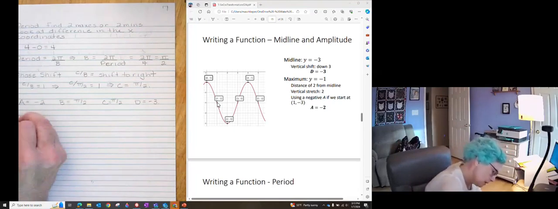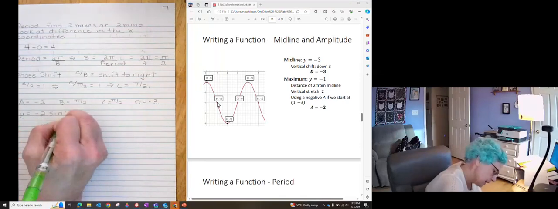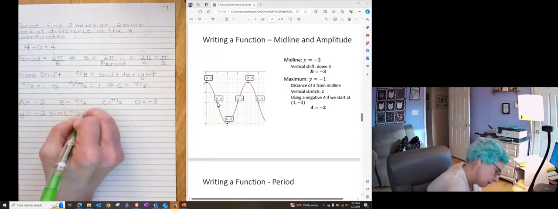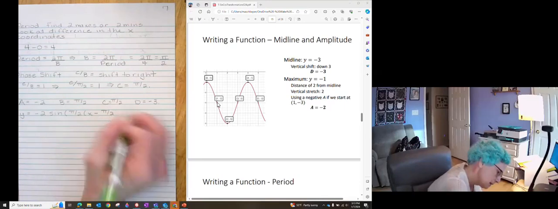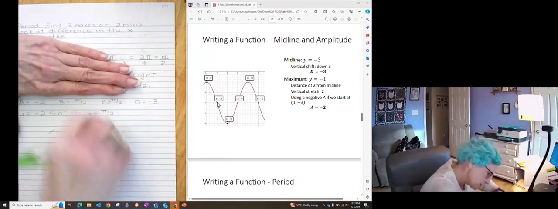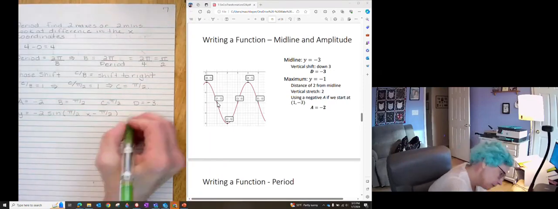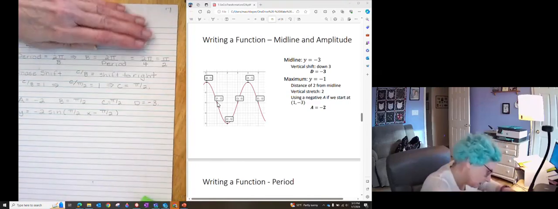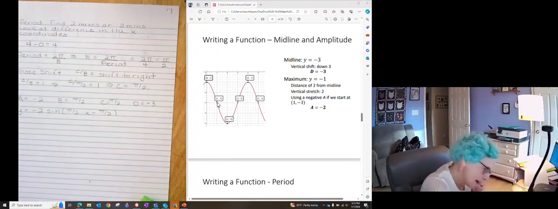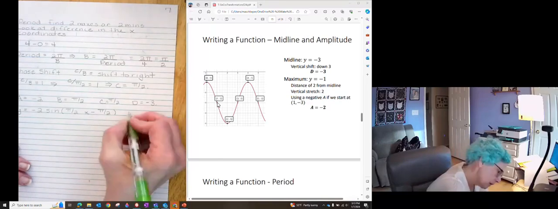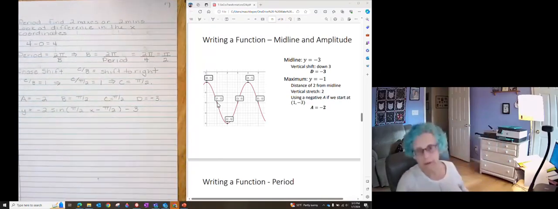So y is equal to negative 2 times the sine of pi halves times x minus pi halves, and minus 3. And there's no parentheses there because C is pi halves.